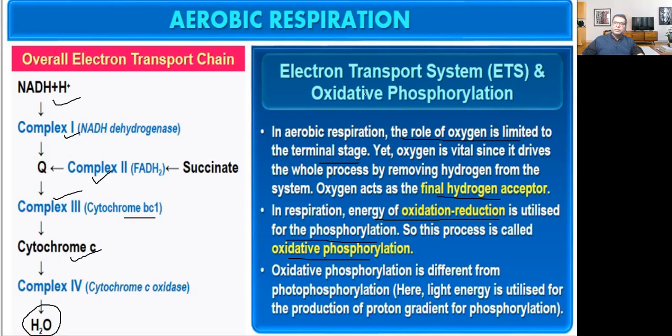So the electron transport system is also known as what? Oxidative phosphorylation, because oxygen is required here. Oxidative phosphorylation is different from photophosphorylation, where light energy is utilized for the production of a proton gradient for phosphorylation.